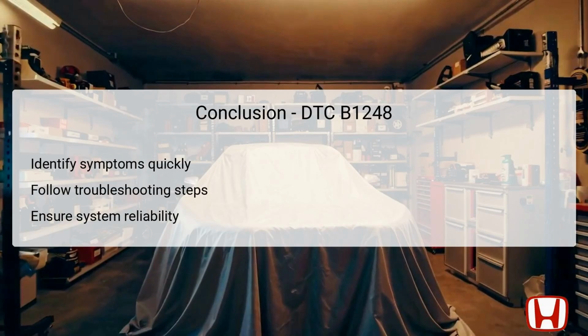Adhering to preventive maintenance practices will reduce the occurrence of such errors in the future. Properly addressing DTC B1248 not only improves passenger comfort, but also enhances the overall efficiency of the Honda Odyssey's climate control system, making for a more enjoyable driving experience.